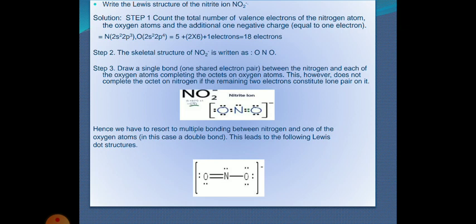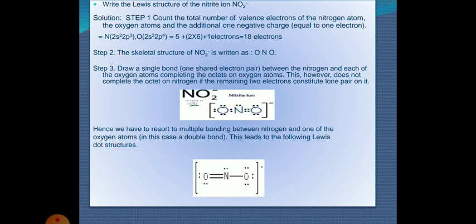So the number you will get is 18 electrons: 5 electrons of nitrogen, and the number of oxygen atoms is 2, with 6 valence electrons each. Therefore 2 into 6 becomes 12, plus 1 electron, because the overall charge of NO2 is -1. One extra electron is present, so the total number of electrons becomes 18.